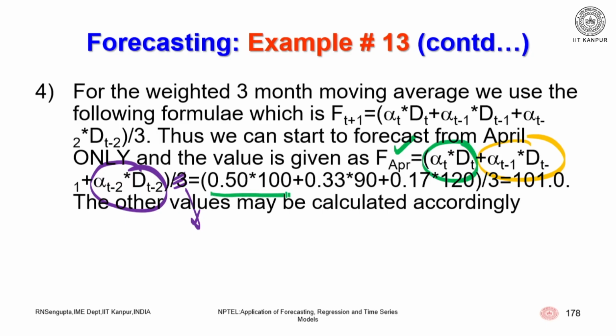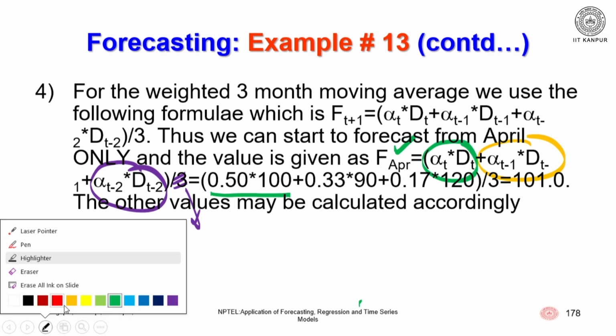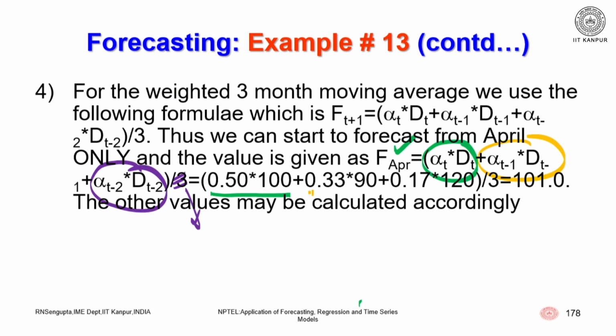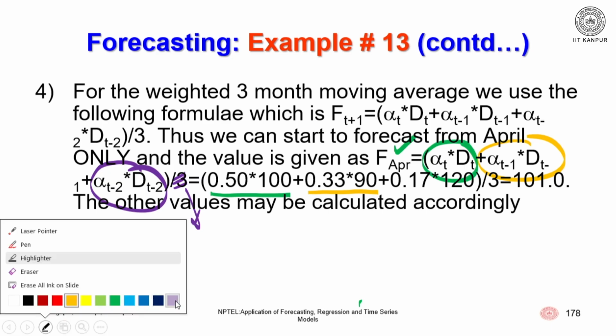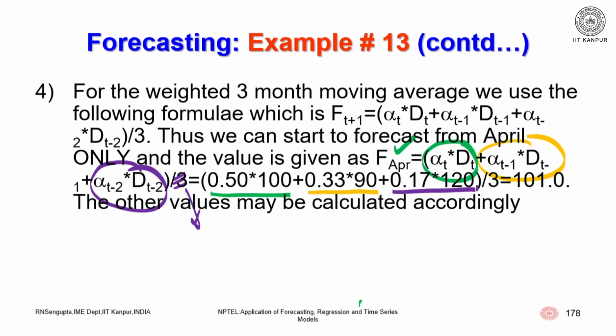into 100, which is for the month of March. If I utilize the second color, 33 percent, which is 0.33 into 90, that is basically for the month of February, and if I use the last color, violet, which is 0.17 into 120, that corresponds to the month of January. Again, sorry, this 3 should not be there, because the weightages already add up to 1.